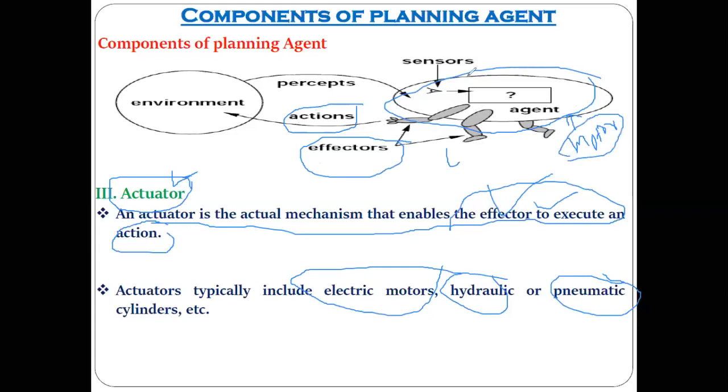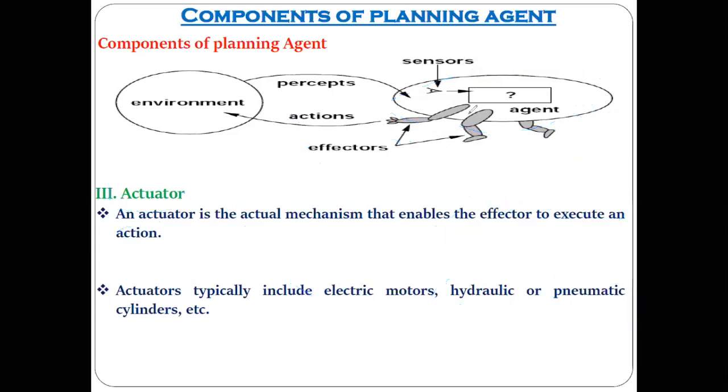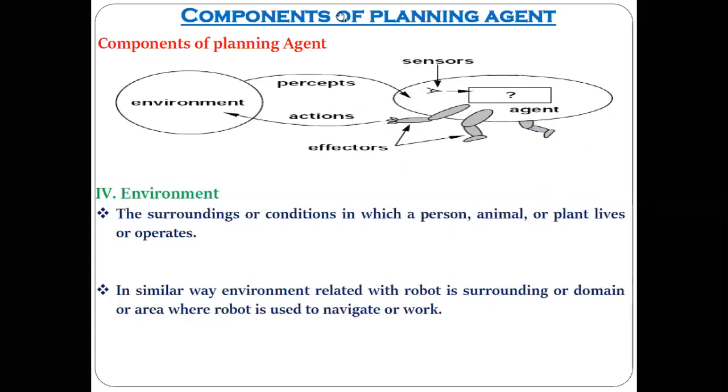So this is the third important component, and the last one that we already discussed is nothing but the environment. Environment is the surrounding or the condition in which a person, animal, or plant lives and operates. This is a general definition.